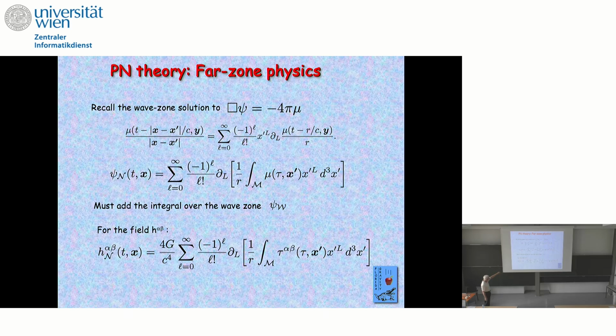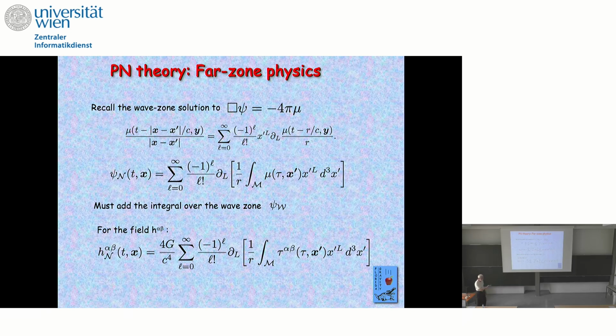So we have products of x prime i, x prime j, x prime k, and then derivatives of this source at a constant retarded time, t minus the distance to the center of mass of the source. And so the near zone part of this integral was given by this general expression, an infinite sum of multipoles of the source density mu.